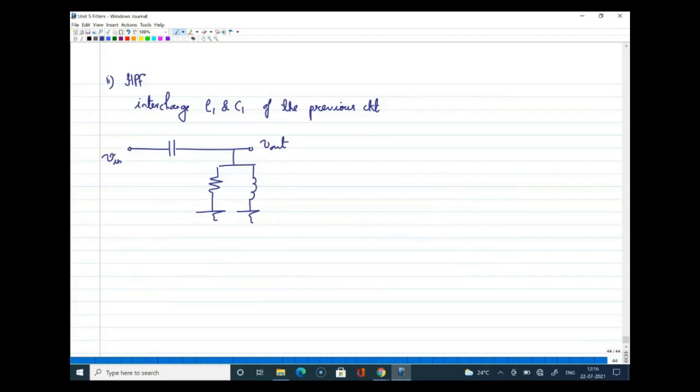So again, we can quickly verify, because what is Zs in this case? Zs is equal to 1 by Sc. What is Zp? It is Sl parallel to R, right? Now when S is equal to 0, your Zs is equal to infinity.